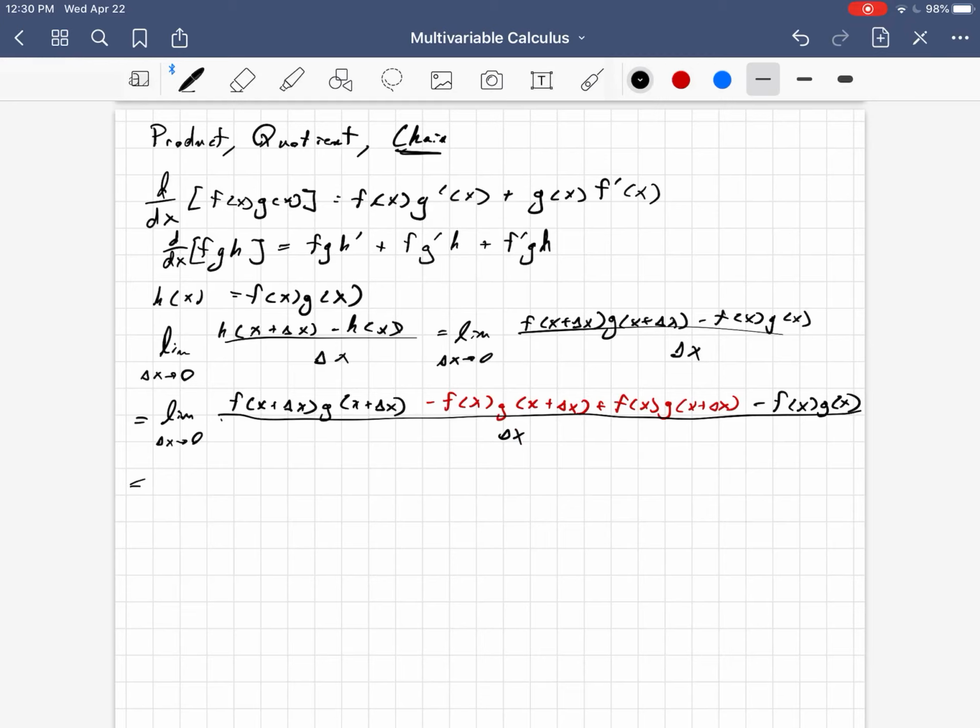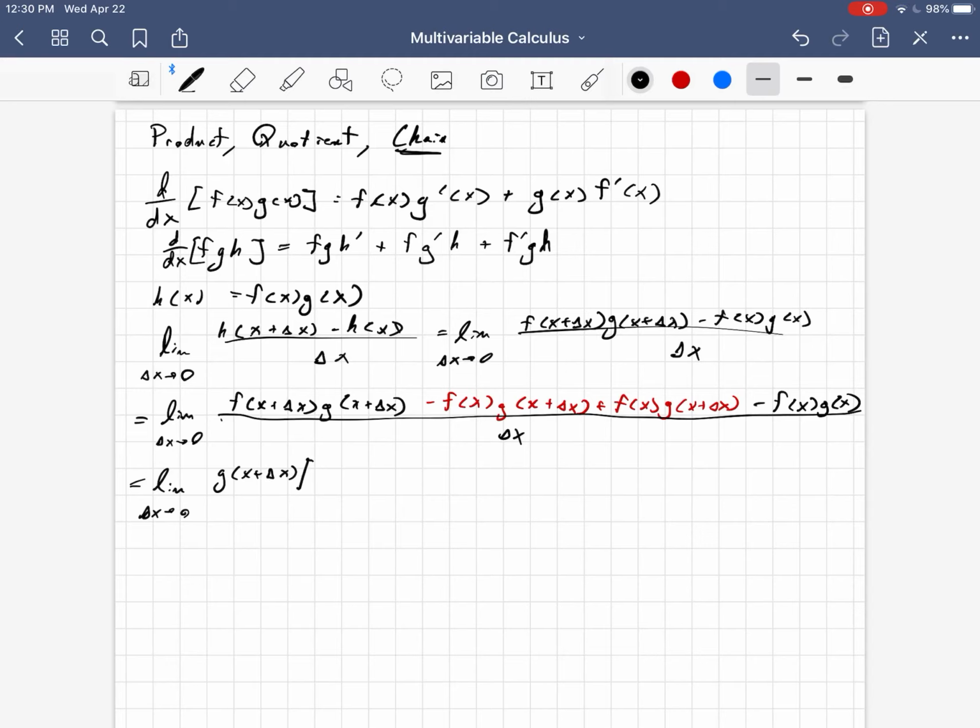Okay, and then we still have the minus f of x g of x, and all of this is over delta x. So now here was why I added that particular 0.